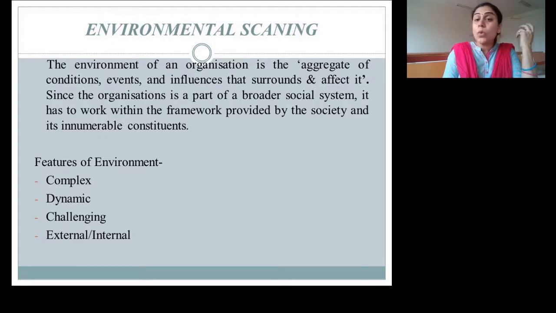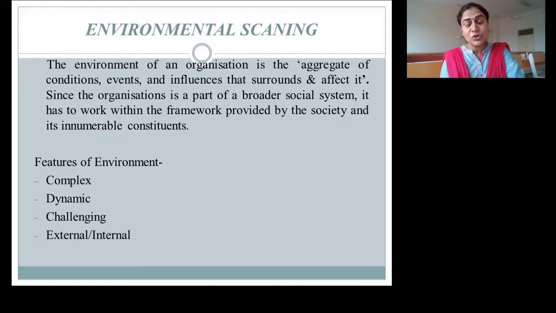So what is environmental scanning? As you can see in the slide, environmental scanning explains the process of scanning the overall environment of the organization, whether external or internal. Prior to scanning, it is necessary to understand what an environment is.